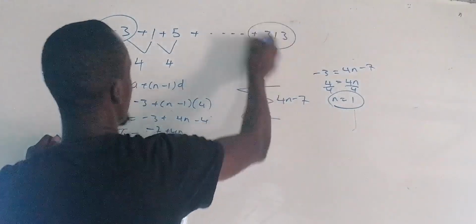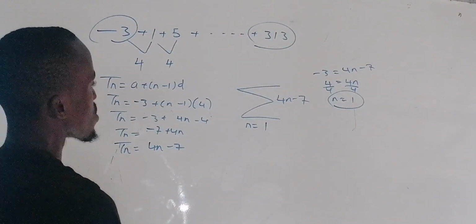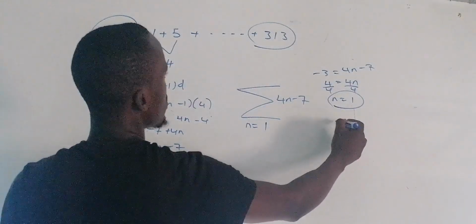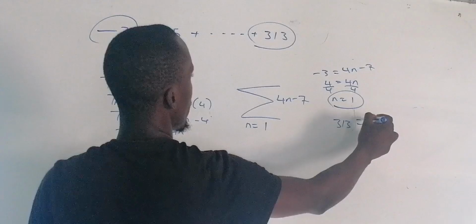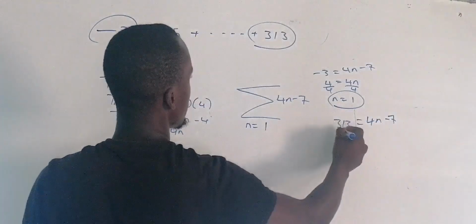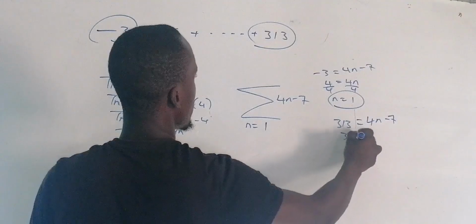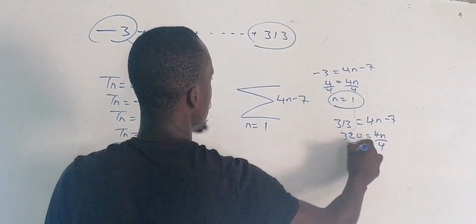Then the upper part, you know that it is the last term that they added in your series. So it will be 330 equals 4n minus 7. Then it will be 320 equals 4n. Divide by 4, divide by 4.